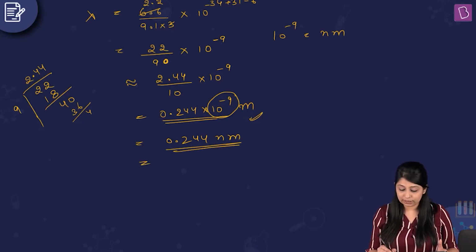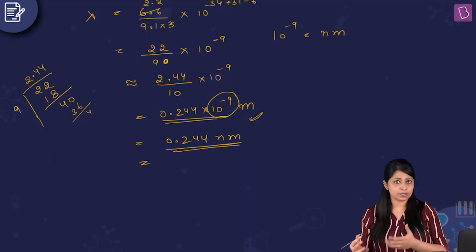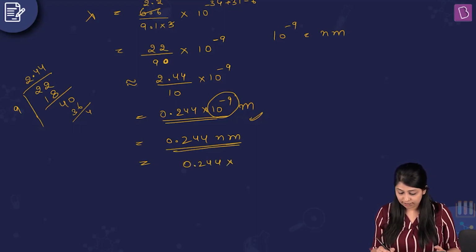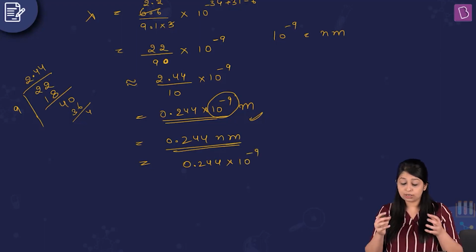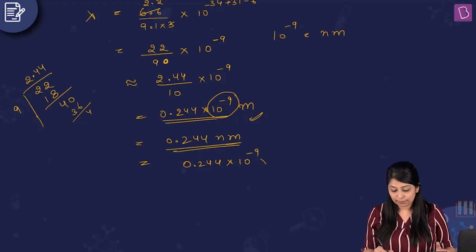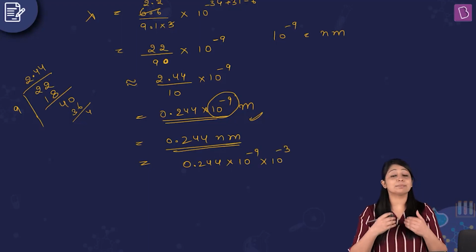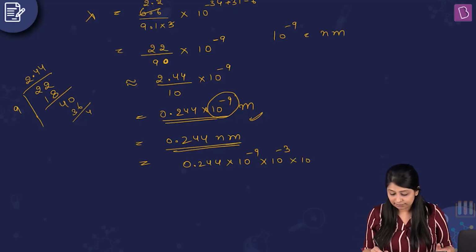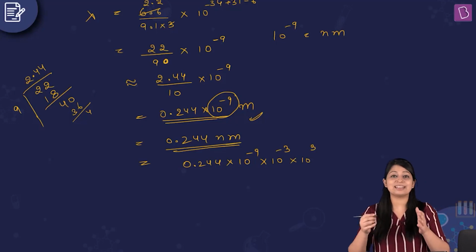So we'll convert 10 to the power minus 9 into 10 to the power minus 12. How can we do that? So it is 0.244 into 10 to the power minus 9. To convert 10 to the power minus 9 to 10 to the power minus 12, we'll multiply it by 10 to the power minus 3. Since we have multiplied it by 10 to the power minus 3, we will also have to multiply it by 10 to the power 3.